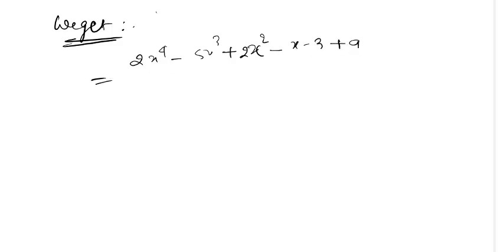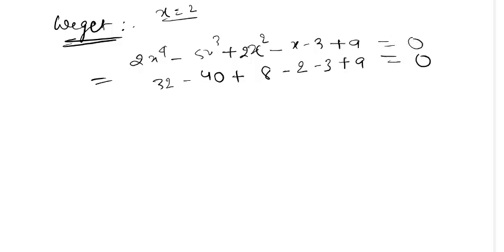Put x equal to 2. So 2 to the power of 4 times 2 is 2 to the power of 5, which gives 32, minus 5 times 8 is 40, plus 2 times 4 is 8, minus 2 minus 3 plus a, and this value becomes 0.